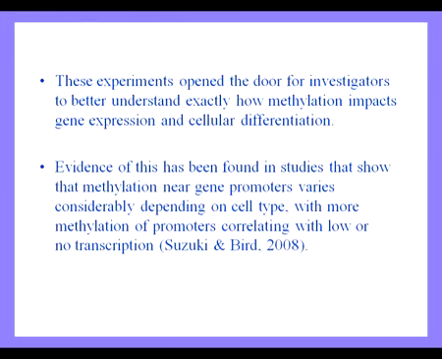So these experiments opened the door for investigators to better understand exactly how methylation impacts gene expression and cellular differentiation. Evidence of this has been found in studies that show that methylation near gene promoters varies considerably depending on cell type, with more methylation of promoters correlating with low or no transcription.